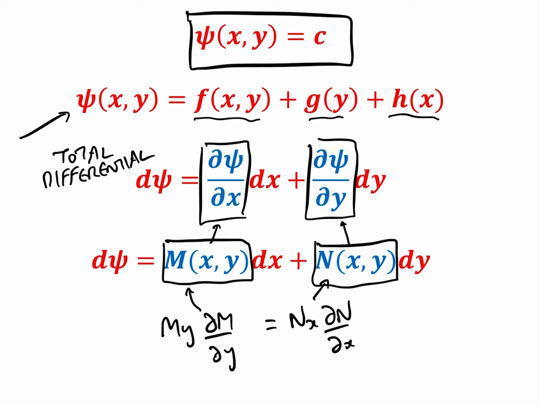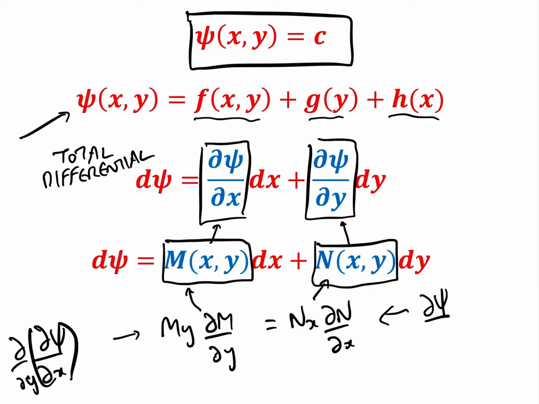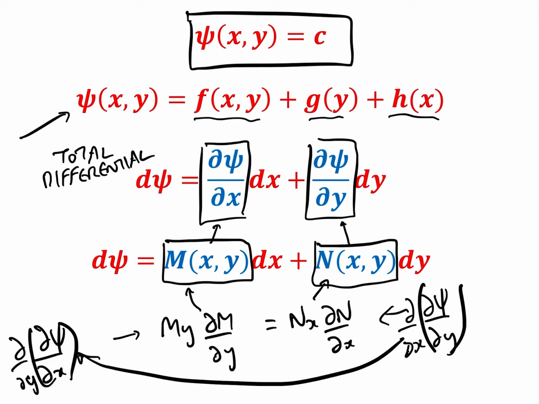The reason why those two have got to be equal is because that one would be d psi dx differentiated with respect to y, and this one here would be d psi dy differentiated with respect to x, and the second derivative of psi with respect to x and y is the same if it's exact. So that's why it works, and that's what we're trying to do.